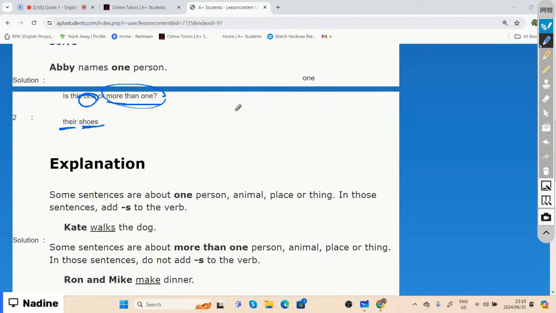So we either need to say one, or we need to say more than one. So if we're saying their shoes, are we saying it is one person's shoes, or do we say it is more than one person's shoes?